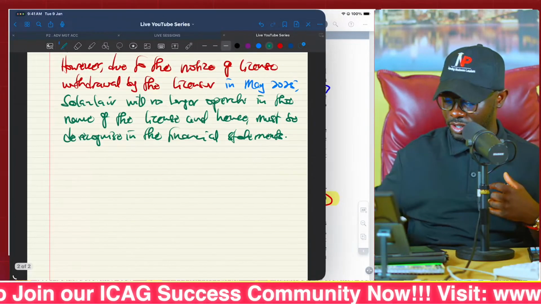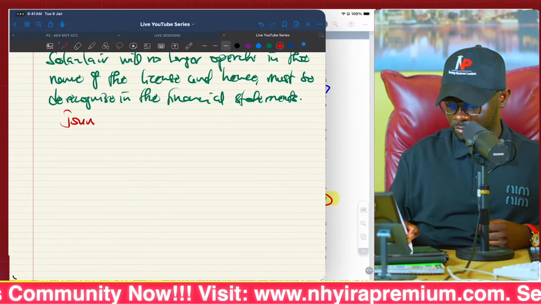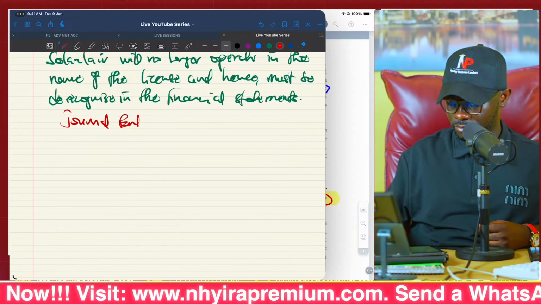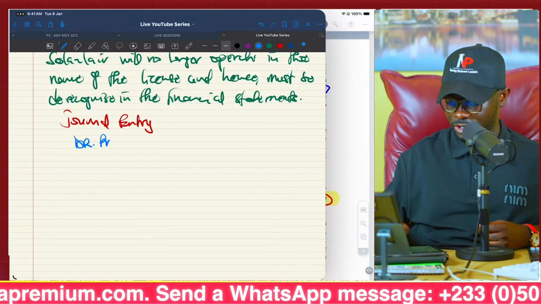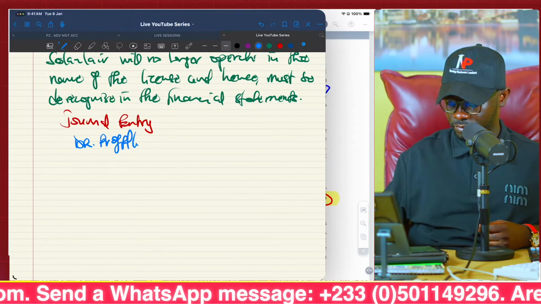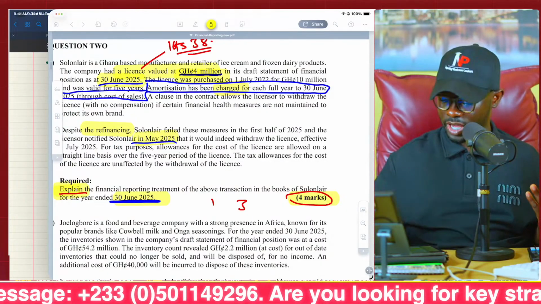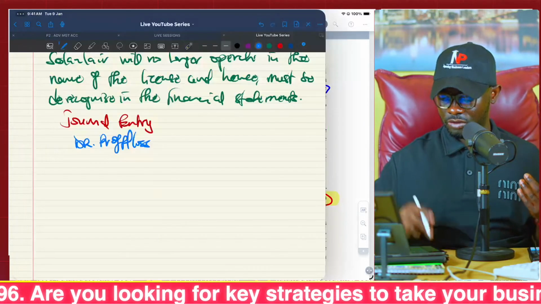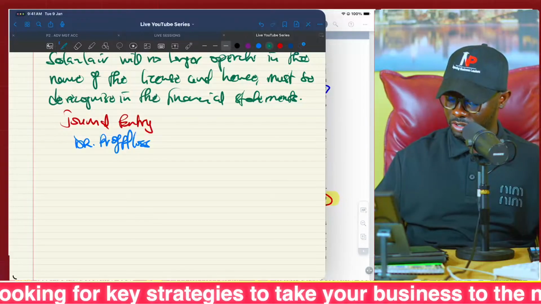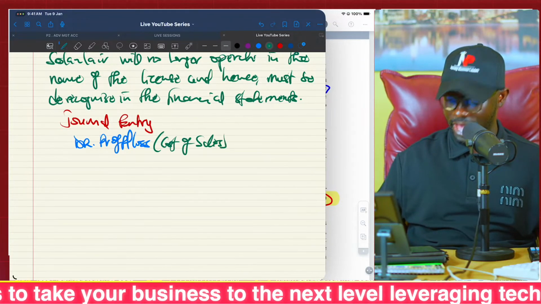If we want to pass a simple journal entry, we debit profit or loss. We are told that the amortization of the license had been charged through cost of sales, so if we are debiting profit or loss, we can write it off against cost of sales as well for that same year end.